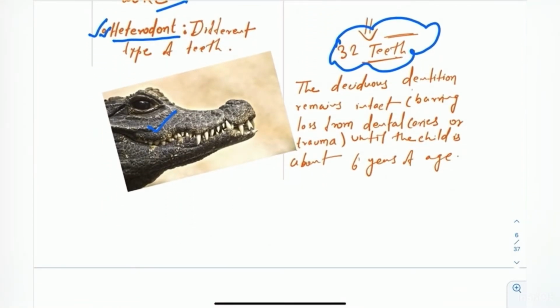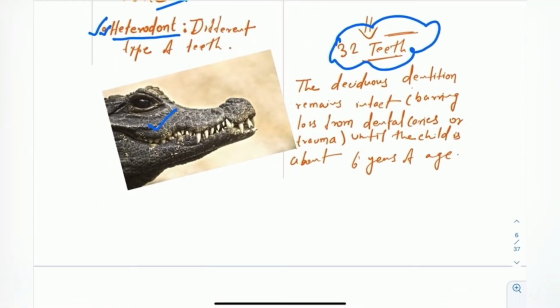See, the deciduous dentition remains intact, barring loss from dental caries or trauma, until the child is about 6 years. So the deciduous dentition period is from 6 months to 6 years.